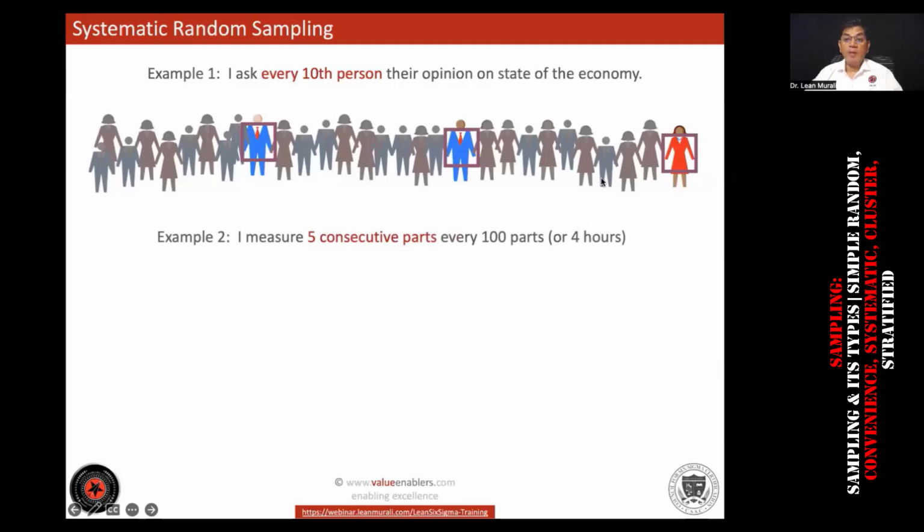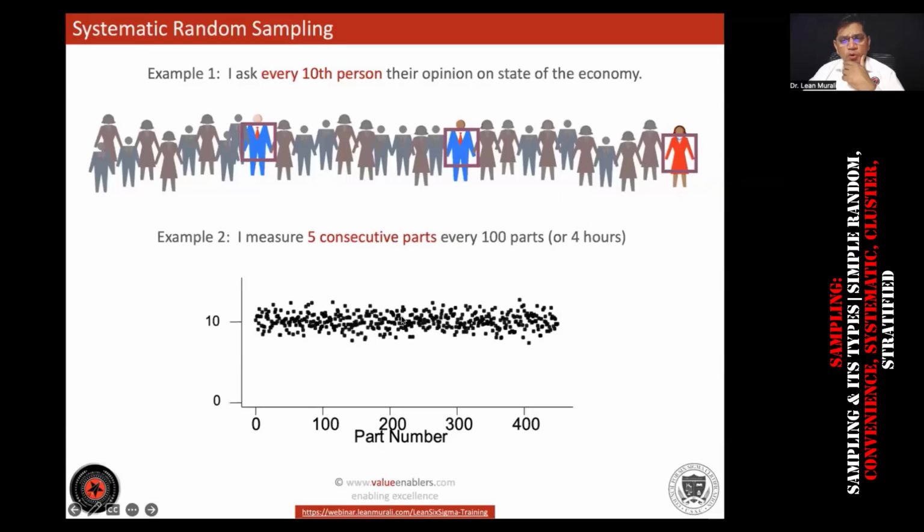How does it help? Particularly those of you from manufacturing, you'll appreciate this. You are producing millions of parts. Now you have to choose a sample every hour, for example, or every 2 hours, or you can say every 1,000th item or every 10,000th item. In this way, your sampling is much better.